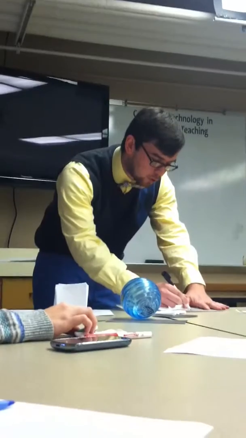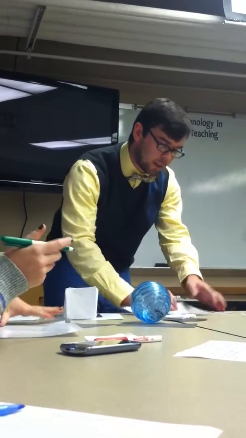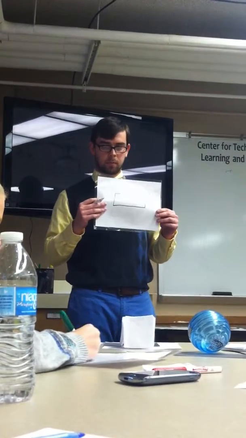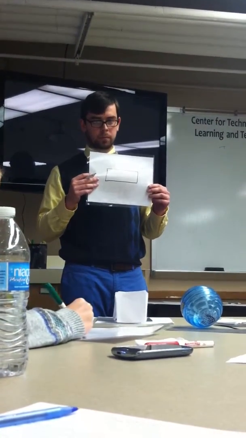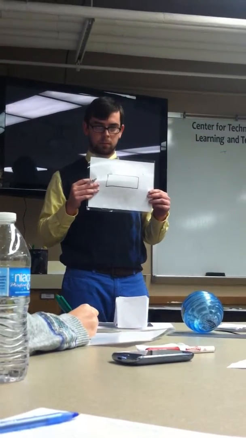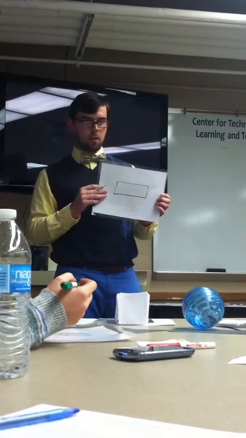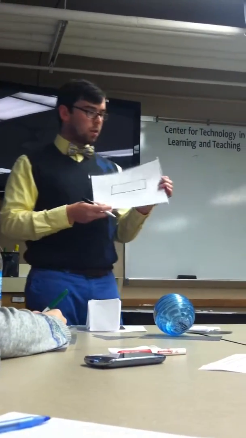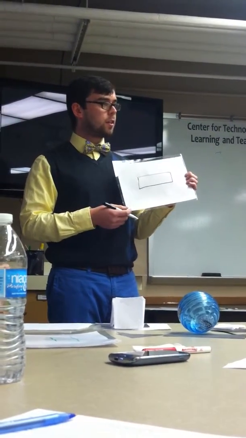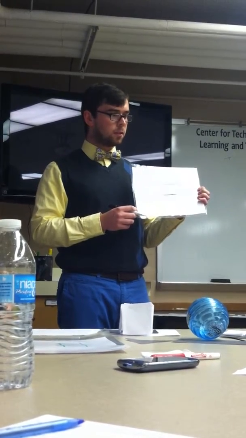So if we can all draw a rectangle on our board, and the rectangle looks like this. Now, do you guys know where the vertices are in this picture? On the four corners. Yep.